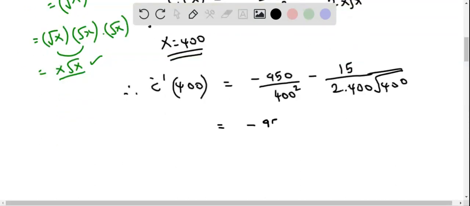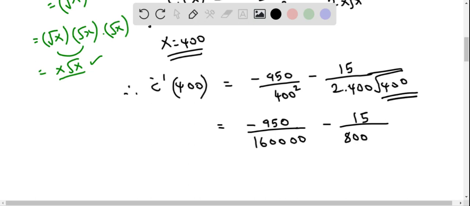So this equals negative 950 divided by 400 squared, which is 16 followed by 4 zeros, minus 15 by 2 times 400, which is 800, times the square root of 400, which is 20. So 800 times 20 is 16,000. In fact, I can replace this as just 16,000, so I write 16,000 here.